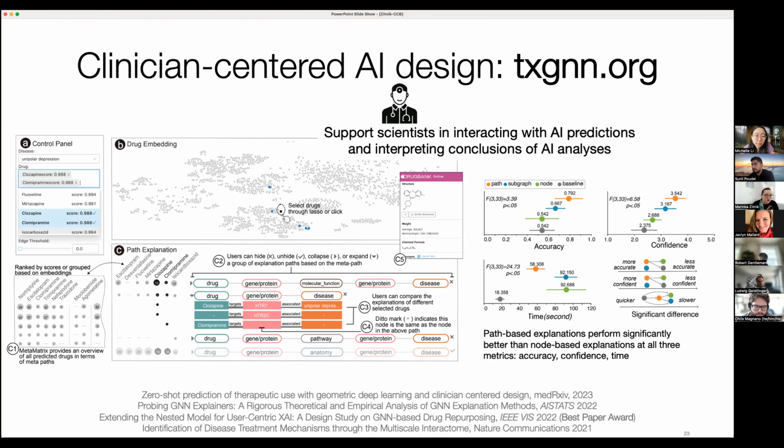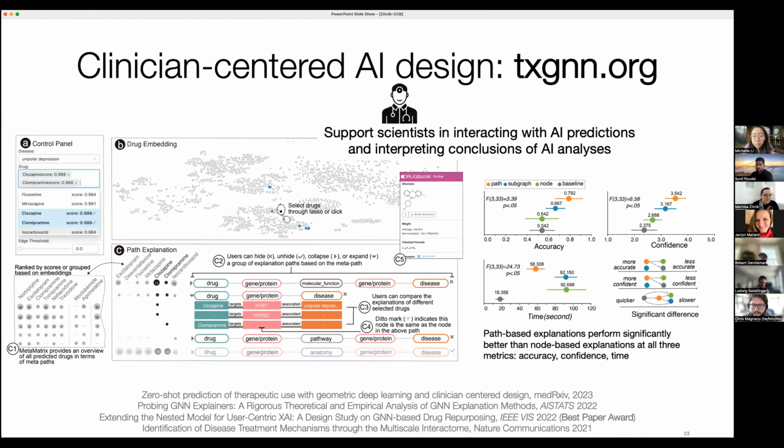And they can explore the latent embedding space of drugs and diseases learned by the model. And they can also visualize reasoning paths or explanations that are paths in the knowledge graph, starting at drug, ending at the disease, that traverse different types of biomedical entities that the model has relied on when making a prediction.